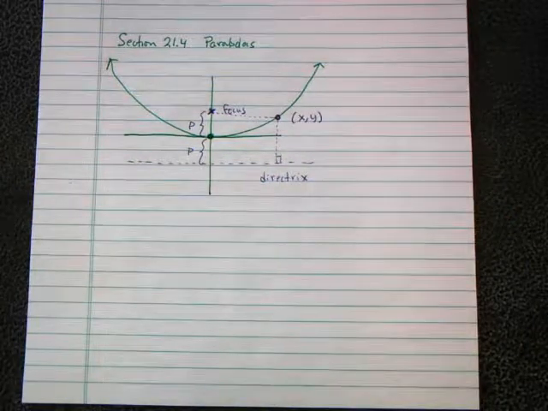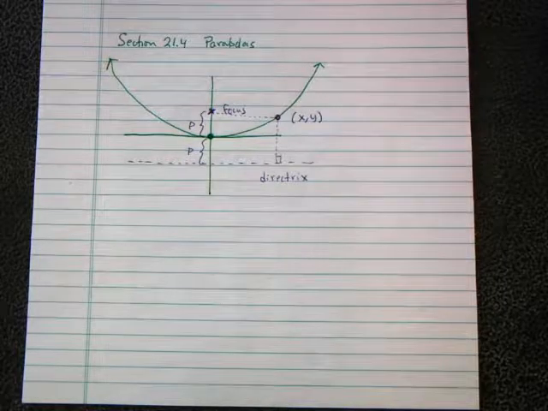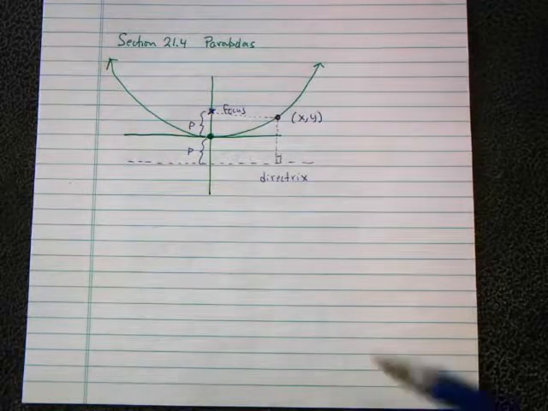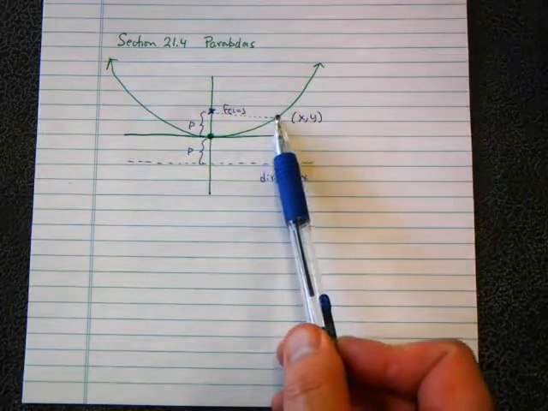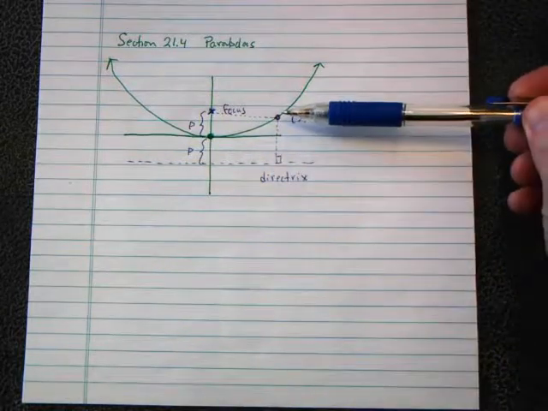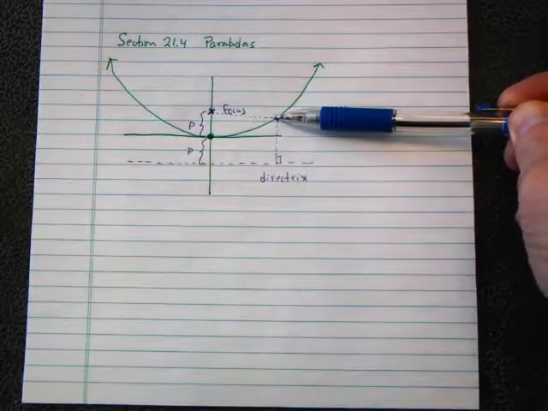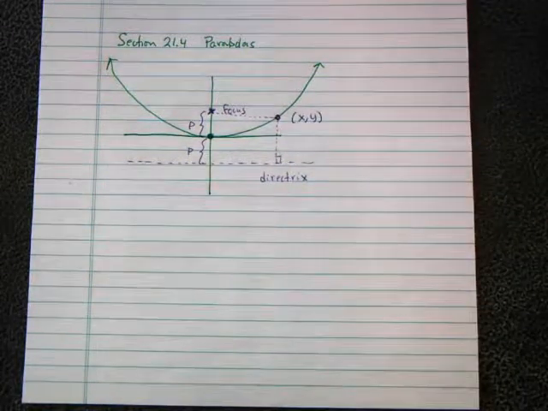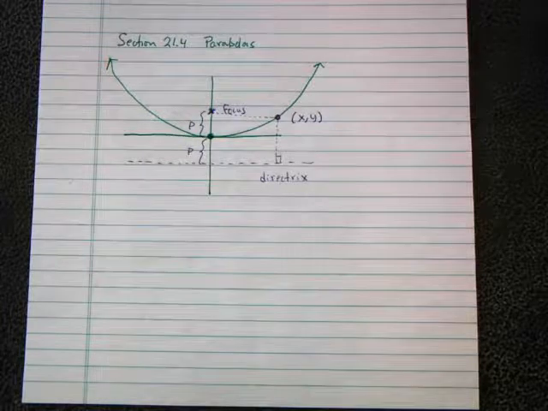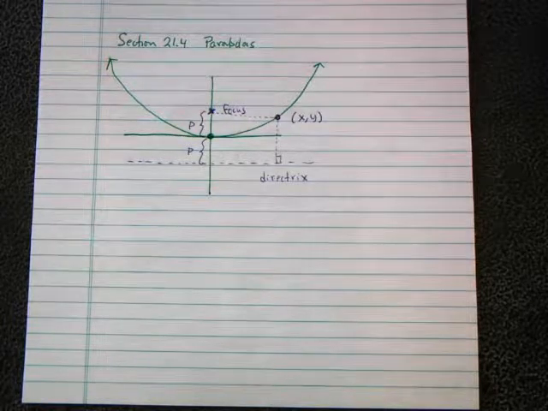And that's the definition of a parabola. It has that property that the distance from the focus to a point is exactly the same as the distance from the point to the directrix. Questions on that?